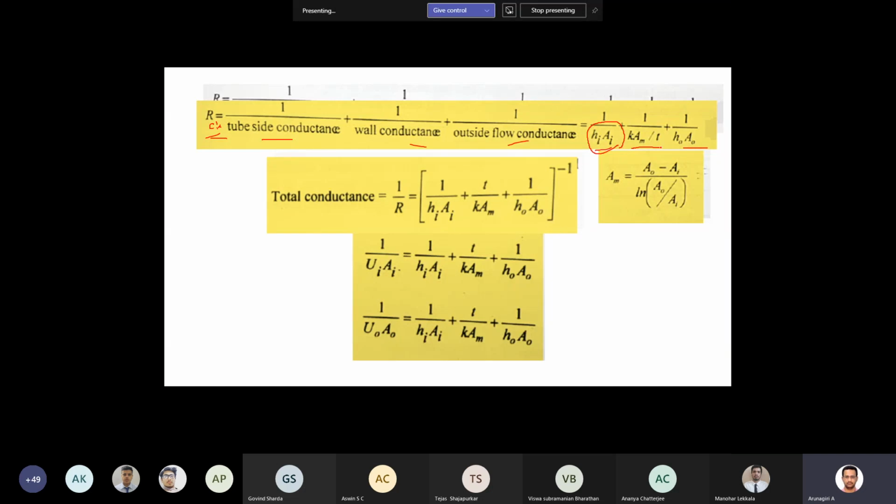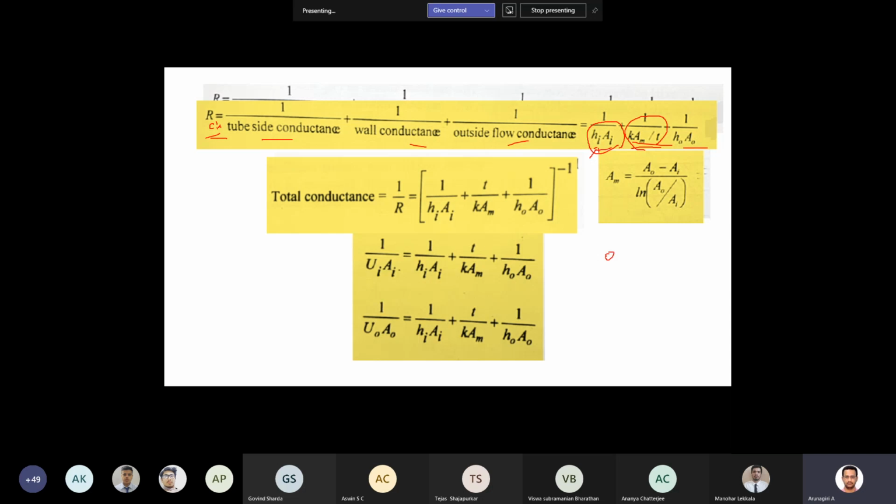So this is the metal wall resistance, 1 by kA by t. You all know the basics of heat transfer: Newton's law of cooling, and also Fourier's law of heat conduction. These fundamentals you know.